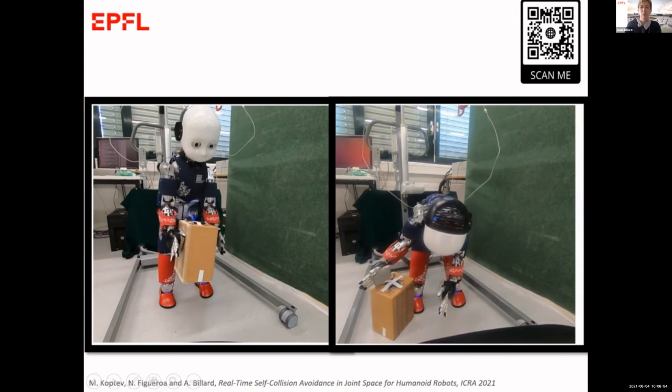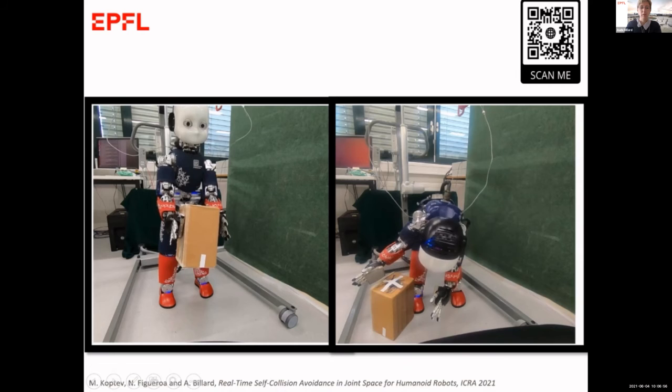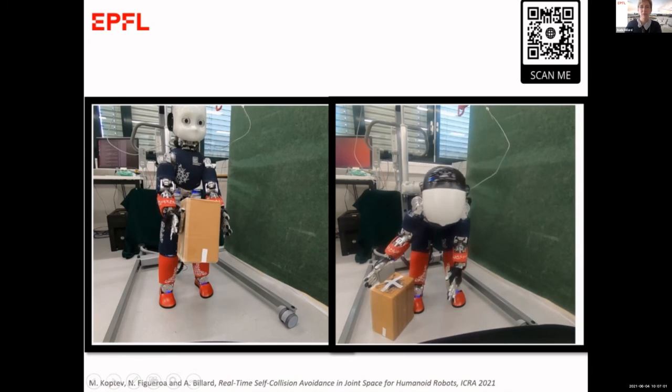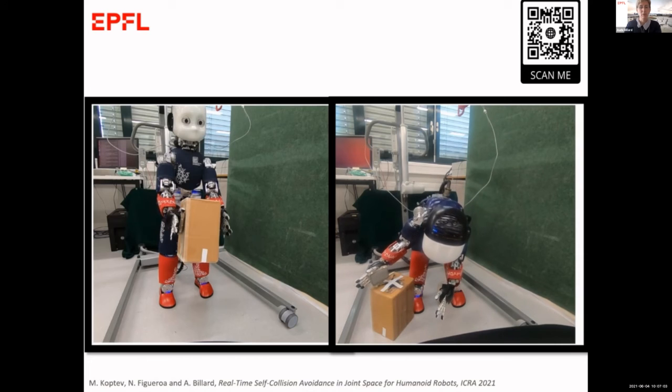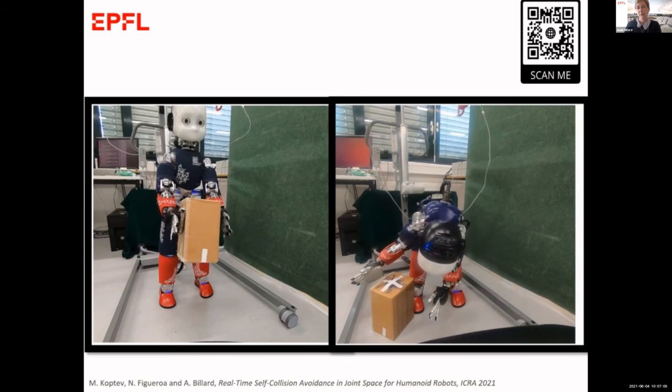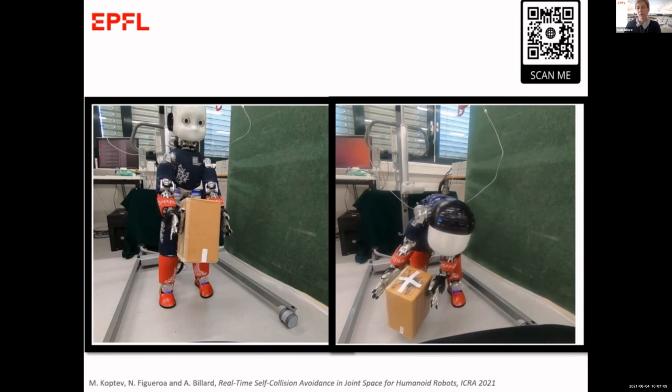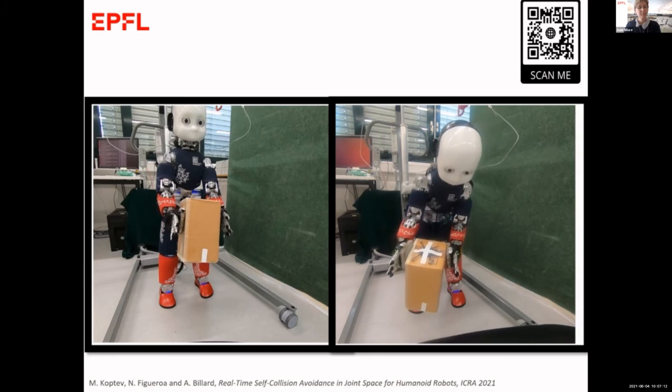There are more examples, more videos in the paper that was published by Michael Koptev, who is the PhD student who developed all this work jointly with Nadia Gregoria. And you have a QR code, if you presented that earlier on, I think. So yeah, this is an example of successful picking up.